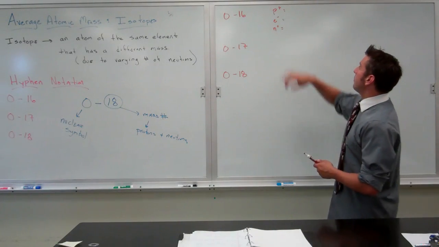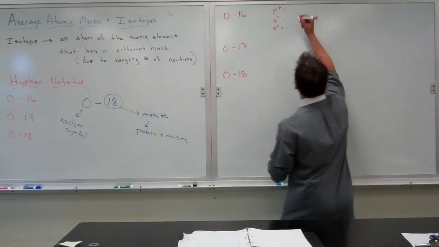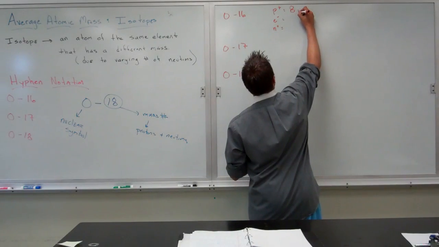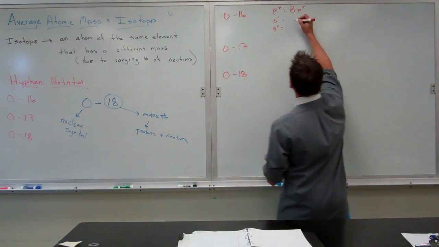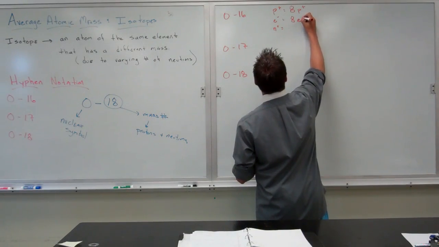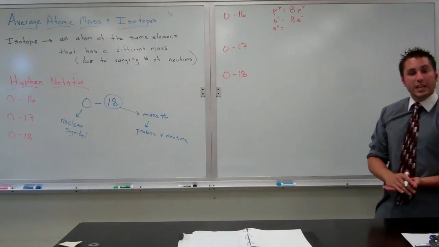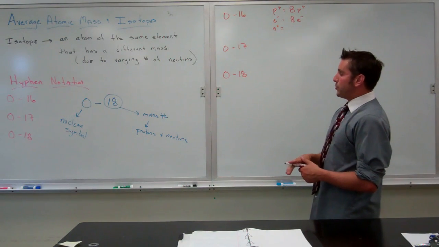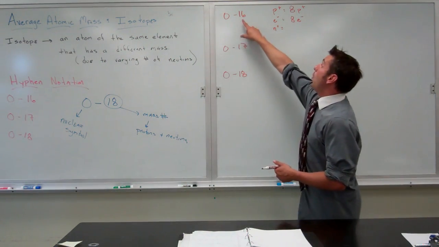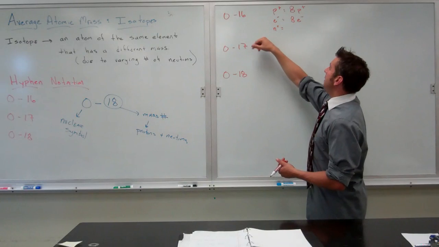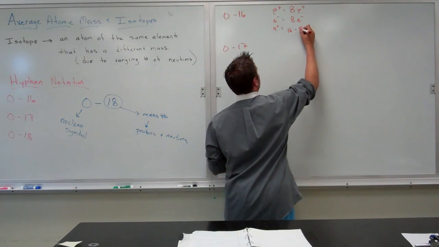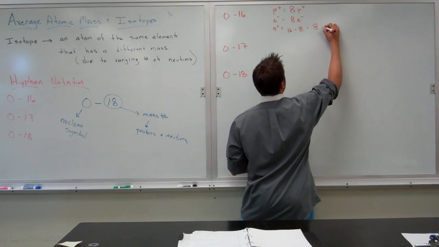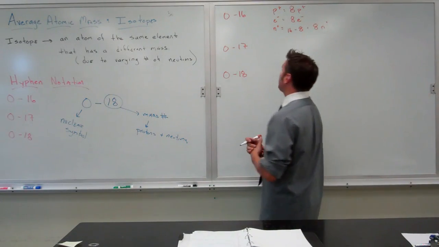Oxygen's atomic number, which is our number of protons, is 8. The electrons always match the protons, so that will also be 8. And then remember, to get the neutrons, we take the mass number, which is listed for us, minus the protons. So this here would be 16 minus 8. This would also have 8 neutrons.